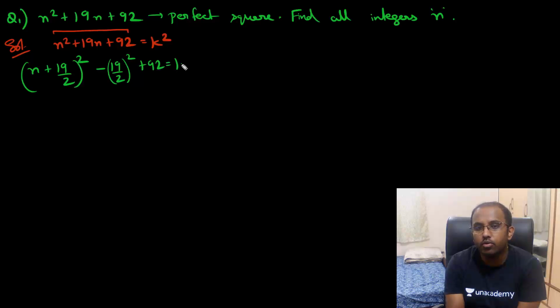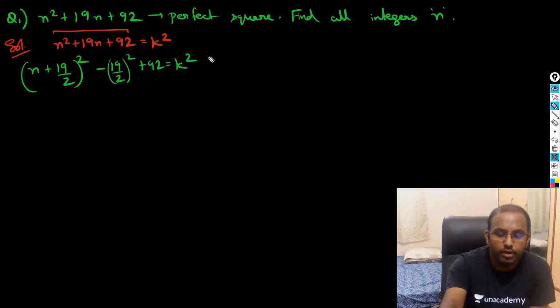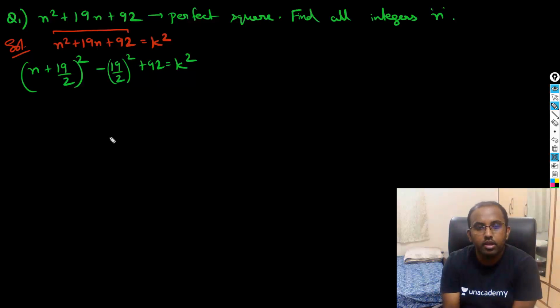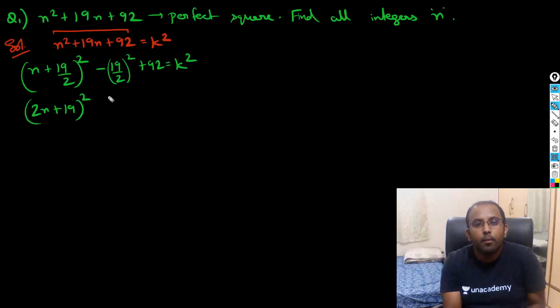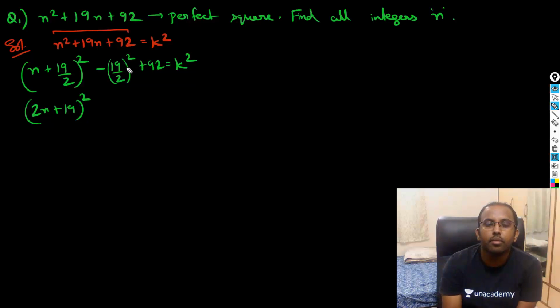This should be equal to some k square. Let's calculate this value. It is n plus 19 by 2 whole square, which gives 2n plus 19 whole square over 4, minus 361 by 4, plus 92.